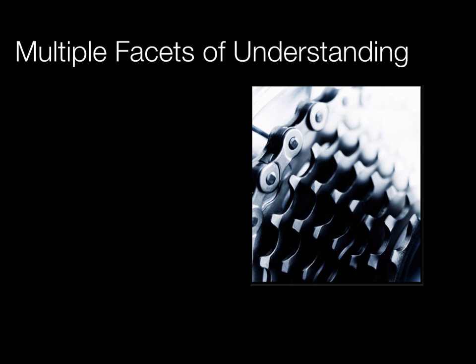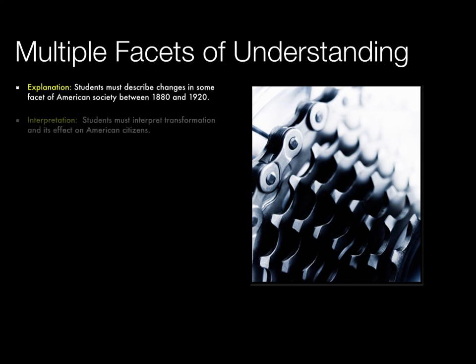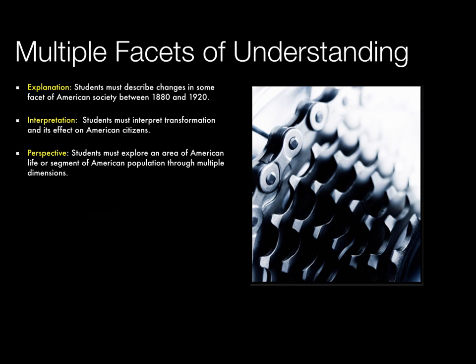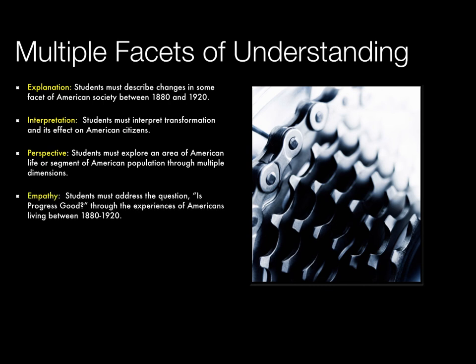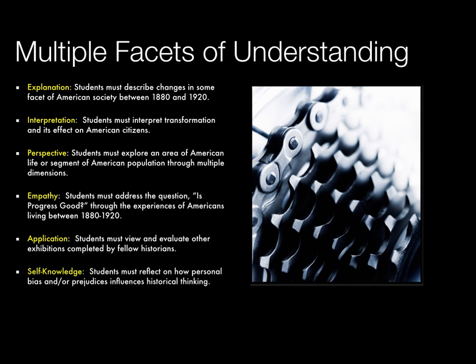Some of them may be within the final product or performance itself, as we see with explanation, interpretation, perspective, and empathy. For application and self-knowledge, these facets are actually embedded in earlier parts of the project.